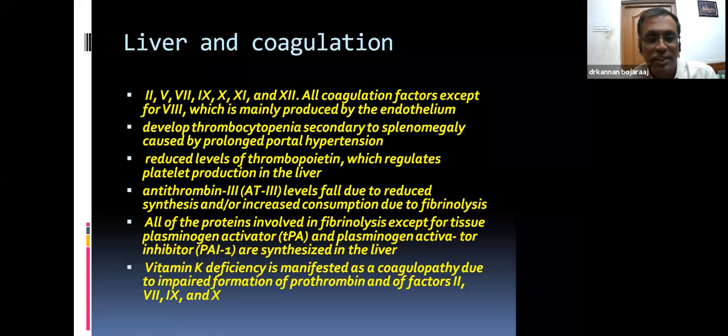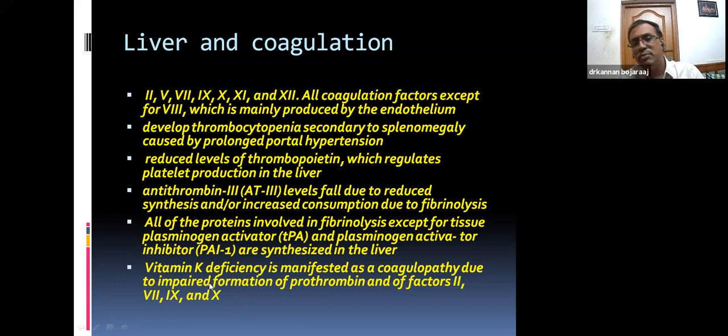Not only bleeding, coagulopathy. And I have already told you vitamin K deficiency is manifested as a coagulopathy due to impaired formation of prothrombin and factors 2, 7, 9, 10 also. This is vitamin K deficiency. Why does this vitamin K deficiency occur in liver failure and liver pathology? Because the absorption of fat-soluble vitamins needs bile.